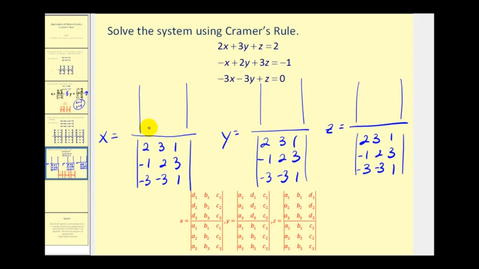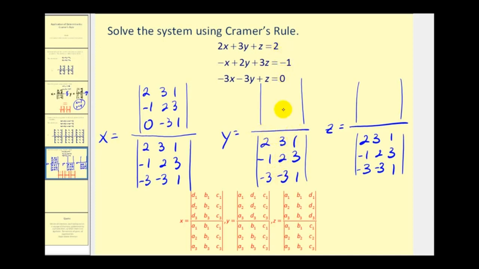Now the numerator for x will come from the determinant formed by replacing the x coefficients with the constants 2, negative 1, 0. So we'll have 2, negative 1, 0, and the next two columns will stay the same. The numerator for y will come from replacing the y coefficients with the constants 2, negative 1, 0.